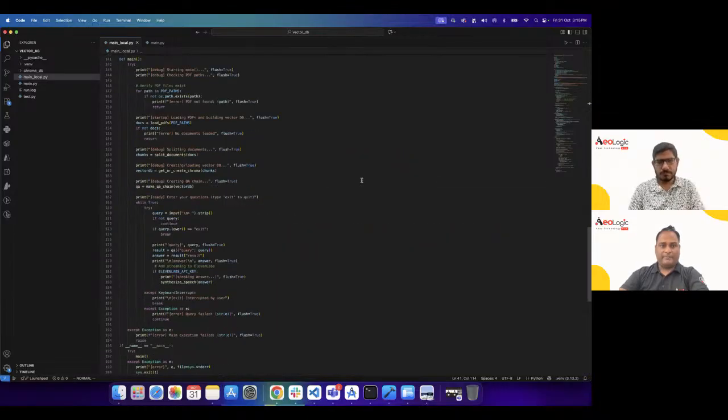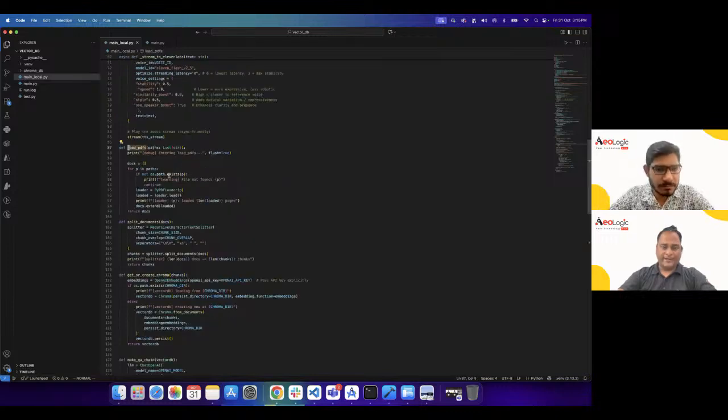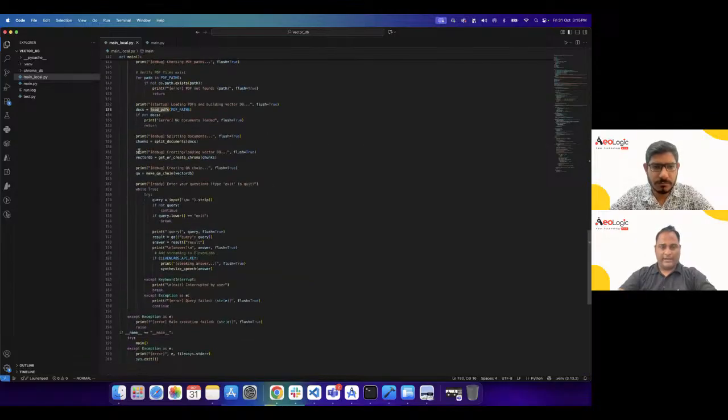Let's come here. First you can see we are loading the PDF, this one, and this one. It fetches data from the PDF. Moving next, we split the PDF into chunks.